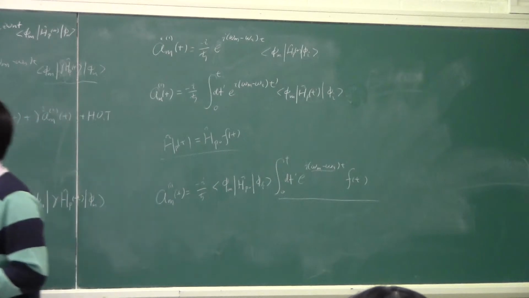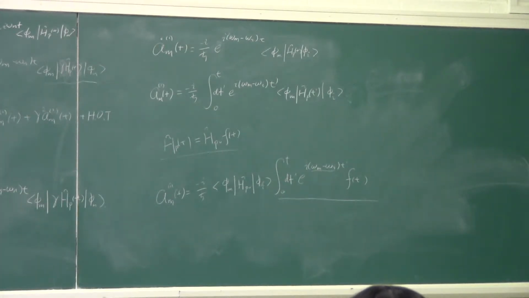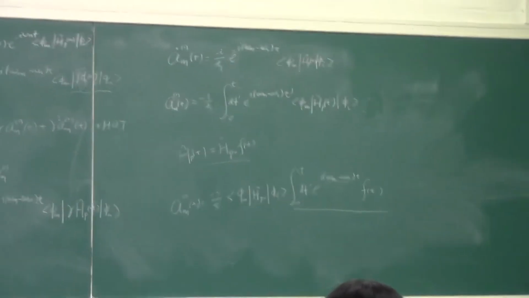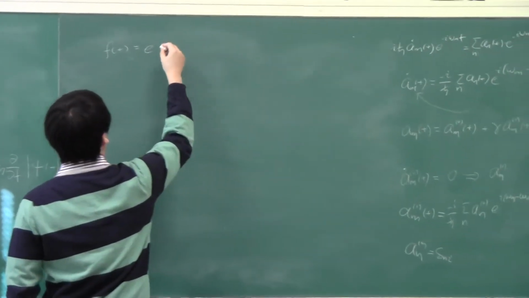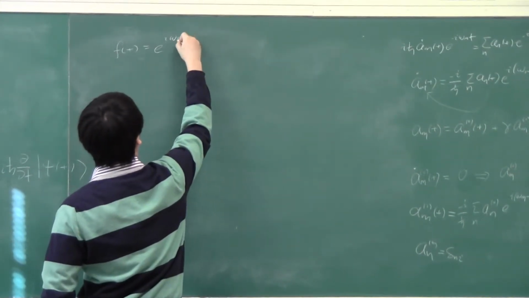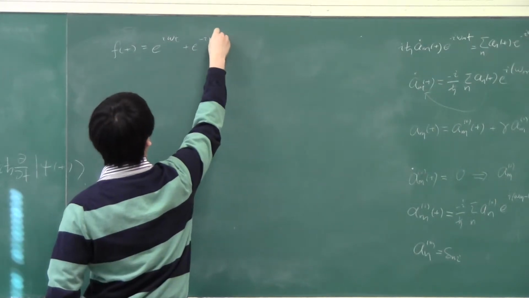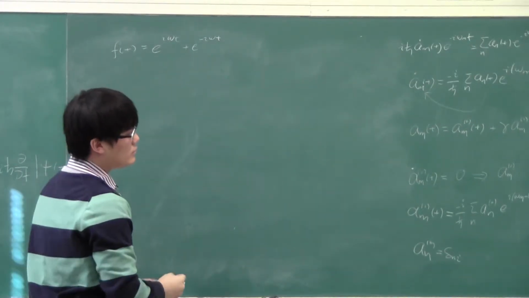So now let's consider an even more special case, the case of sinusoidal or cosinusoidal perturbations. So I'm saying that f of t is equal to e to the i omega t plus e to the minus i omega t. Let's do this.